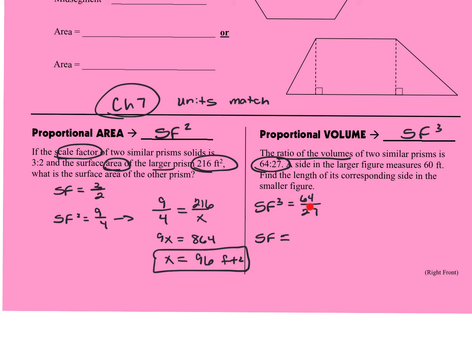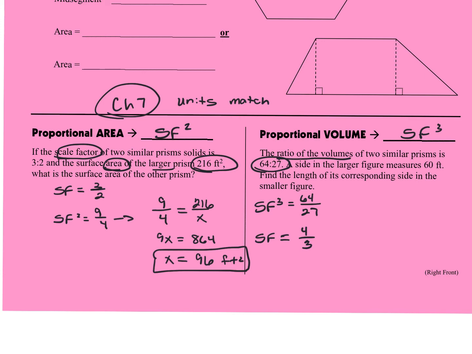In other words, what number did I multiply by itself 3 times to get 64, and that would be 4. What number did I multiply by itself 3 times to get 27? That would be 3. So my scale factor is 4:3.